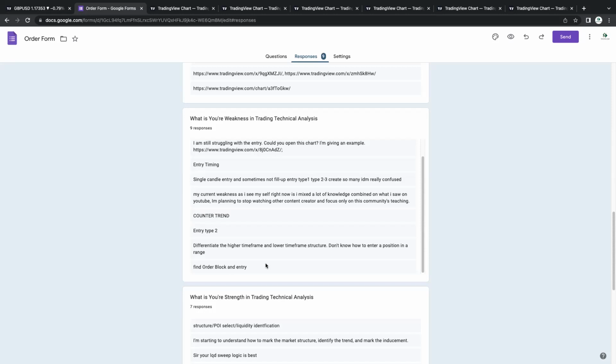After the structure, you have to find where is the inducement, where is the liquidity available. After taking out the inducement and liquidity, then you have to apply in lower time frame what entry criteria is possible here for the buy and sell. These three things are important. You don't need to mix anything here.